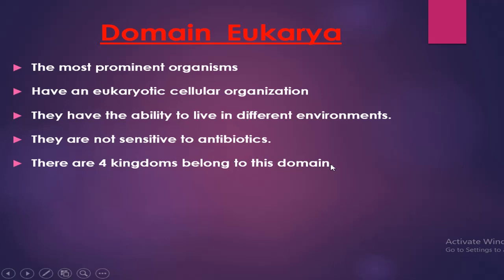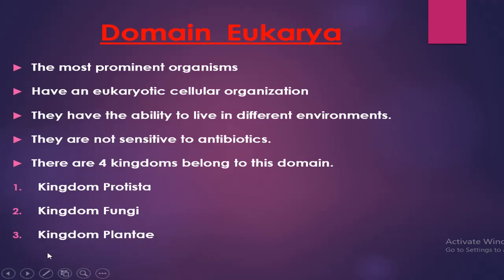After the domain, the organization level is kingdom. When we consider the domain Eukarya, it can be divided into four kingdoms. What are these four kingdoms? First is kingdom Protista. Second is kingdom Fungi. Third is kingdom Plantae.